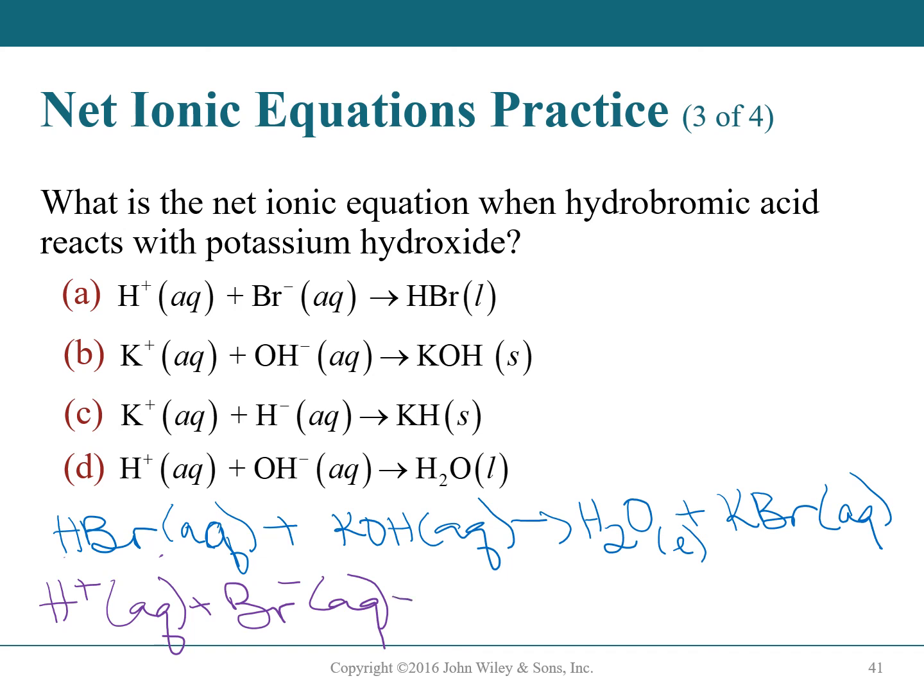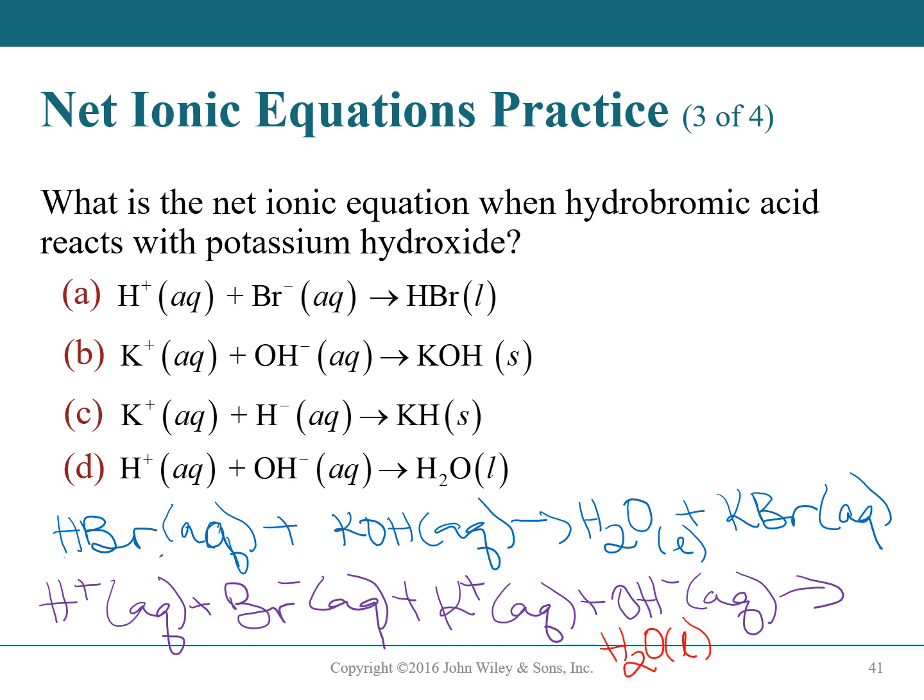There's my strong base, K plus, hydroxide, goes to water. That's a liquid, so don't touch it, just copy it down. And then KBr is a strong electrolyte, it's salt and water, right? Ionic compound in water.